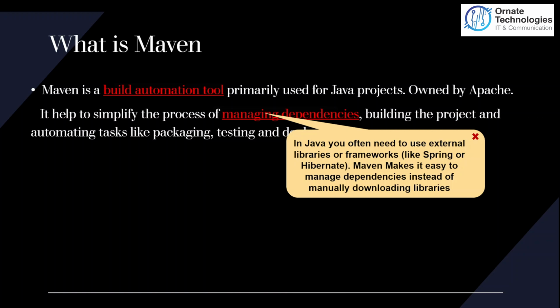So maybe just to read the CSV file, you need certain libraries. Maven helps us to do things like that and put those particular libraries in place. It downloads them from where they're hosted and brings them to your project and makes sure that you are able to complete those tasks.